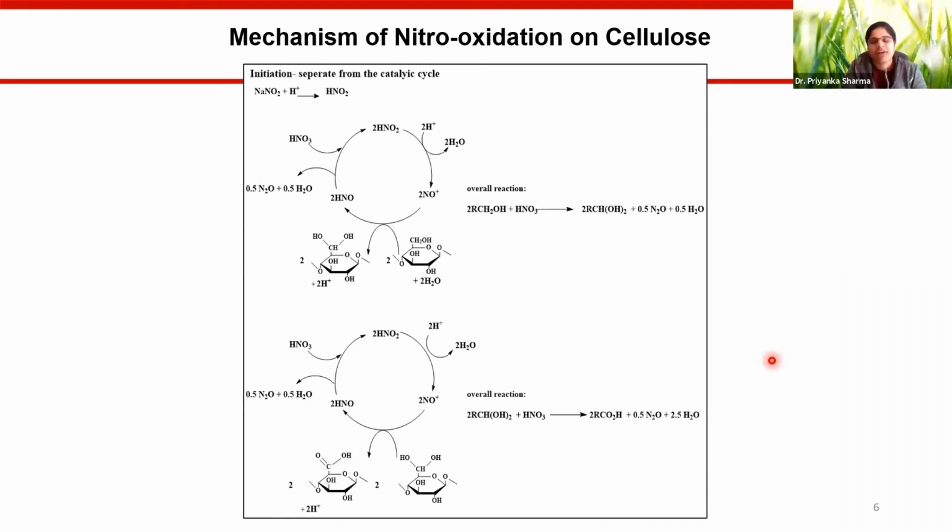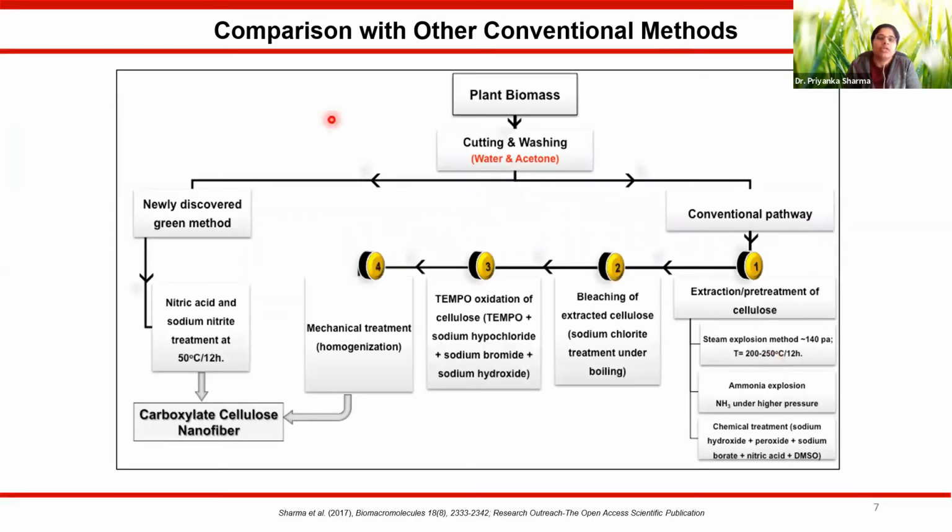So these are the hypotheses which we used, and we finally found that this recipe is working, and it's working on every type of biomass. When we compared our NOP process with other conventional methods, we found that through this nitro-oxidation process, we can directly get carboxylate cellulose nanofibers in only one step.